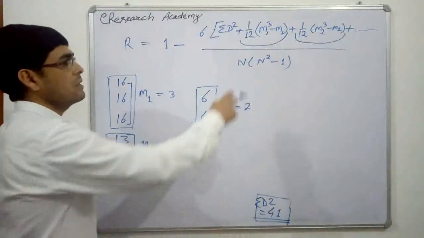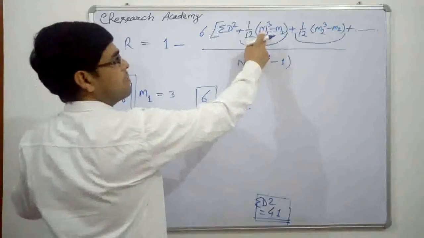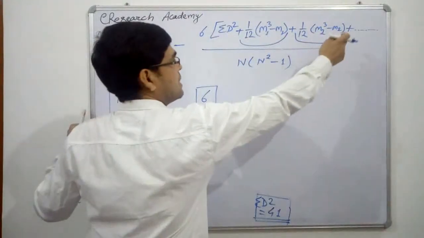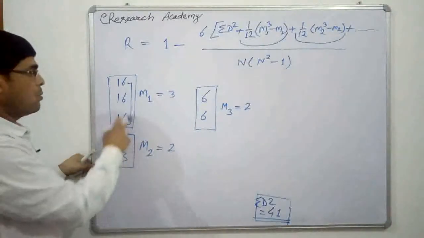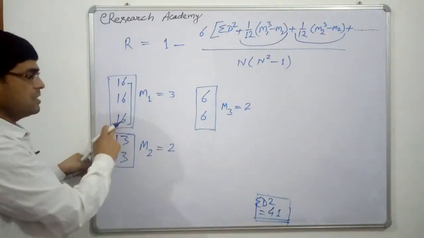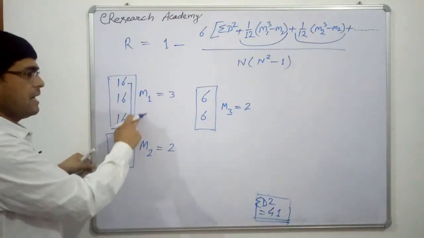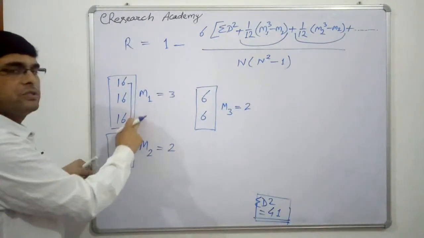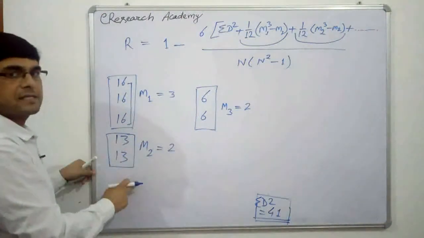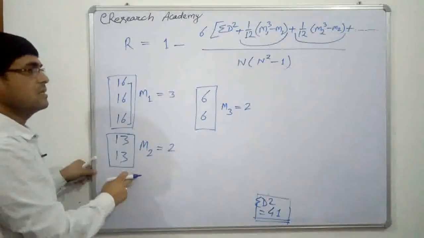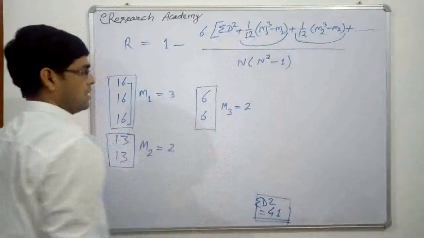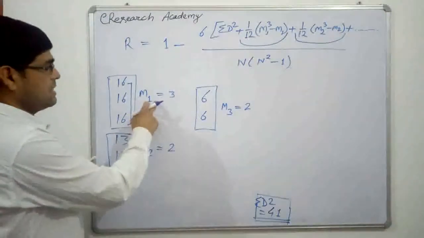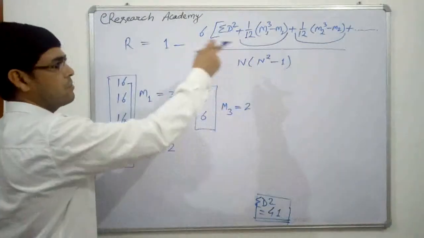So here in the formula, m1, m2, m3 are determined this way: how many times your value is repeated, and how many values are given the same rank. This determines your m. So let's put these m1, m2, m3 in the formula.